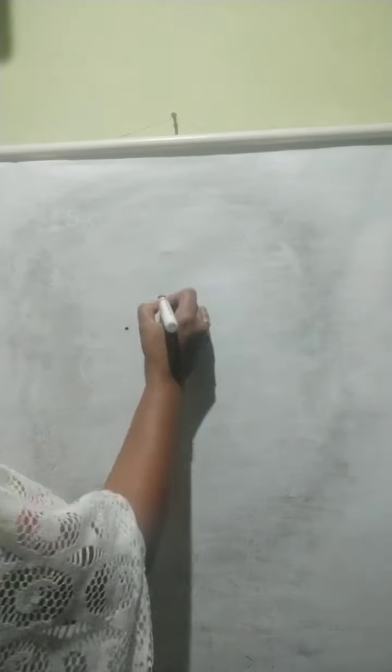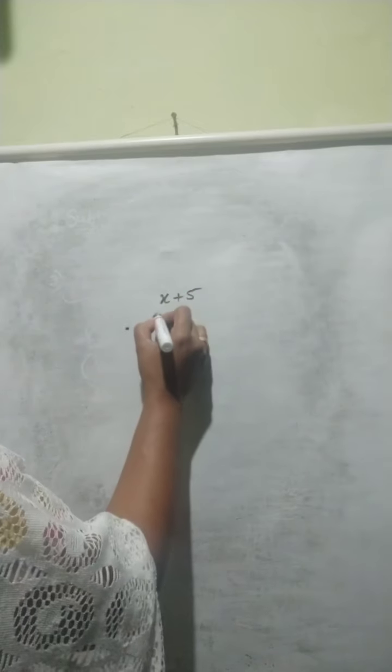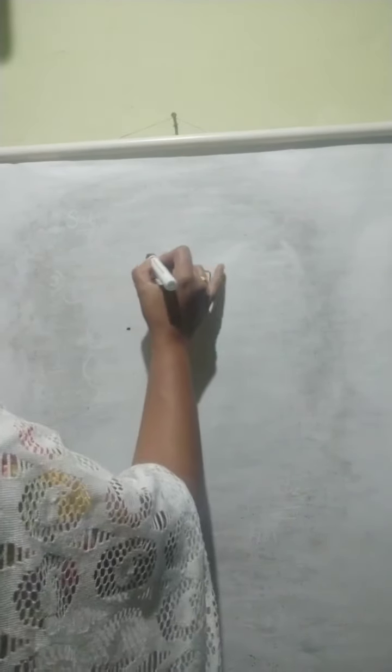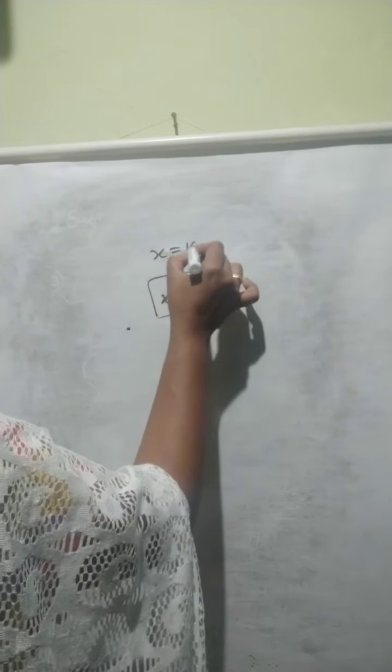Now we can study how to find the value of an expression if the value of a variable is given. That is, in the case of x plus 5, we have to find the value of this expression when the value of x is equal to 10.